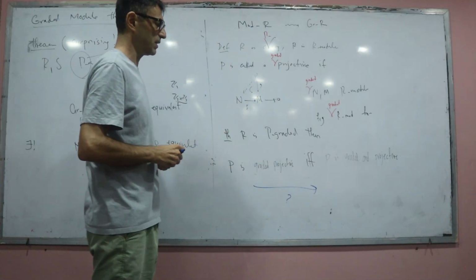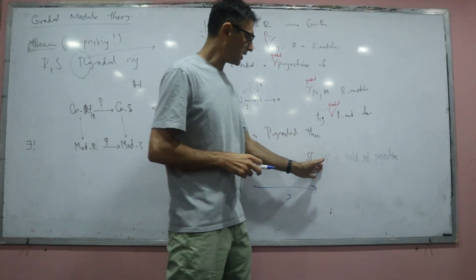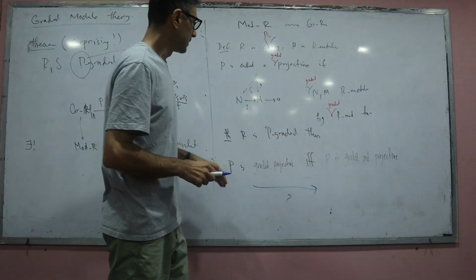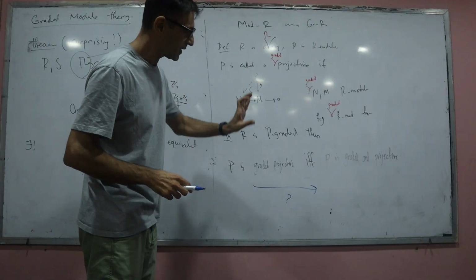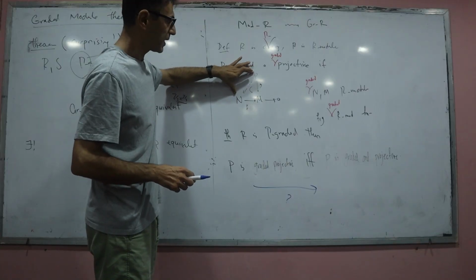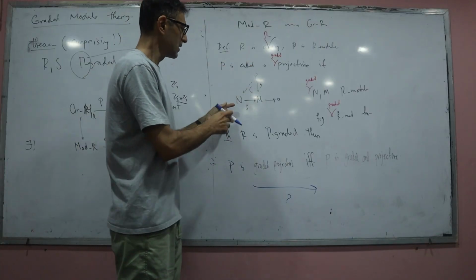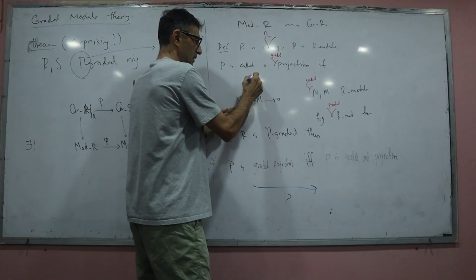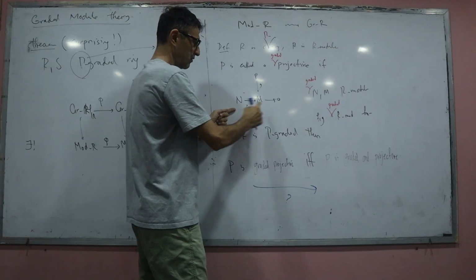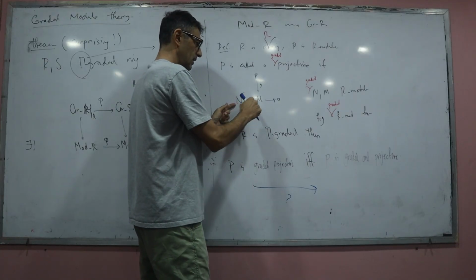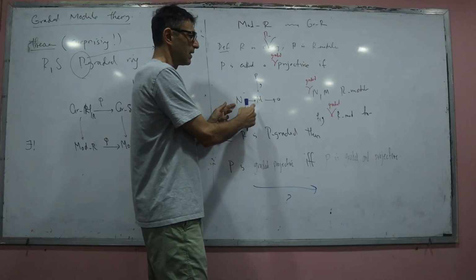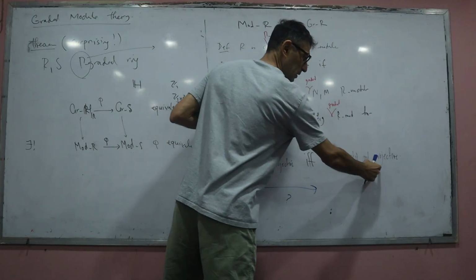The other way also, let me see if I can see that. So now imagine P is graded and P is projective. I want to say it's graded projective, namely it sits here. So you give me this, and you tell me these are also graded, and you tell me this P is projective.